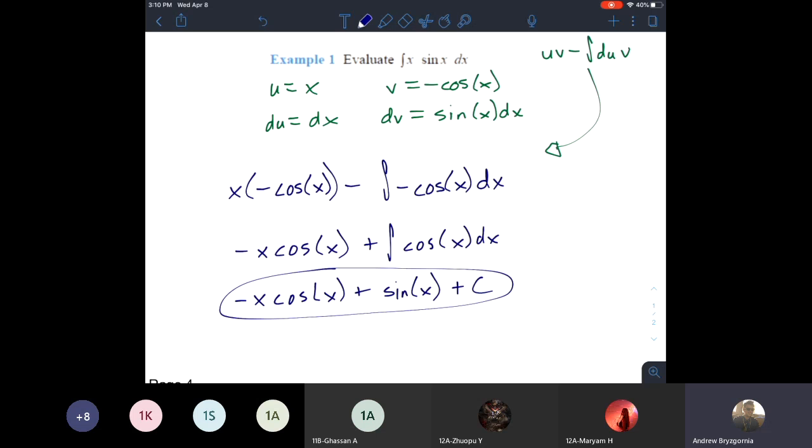Is it okay for me to move on? Yeah, I have a question. Does this one work with the chain rule? What do you mean? How does it work with the chain rule? Like the function inside, like with the chain rule. Is it still the same?